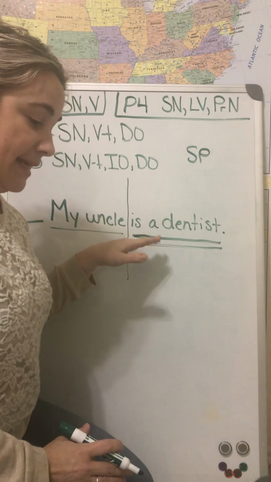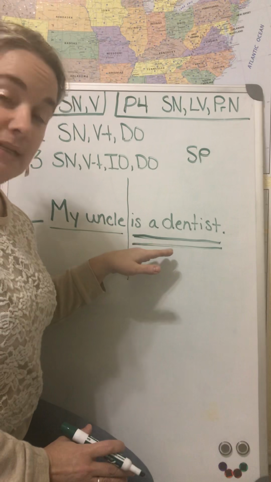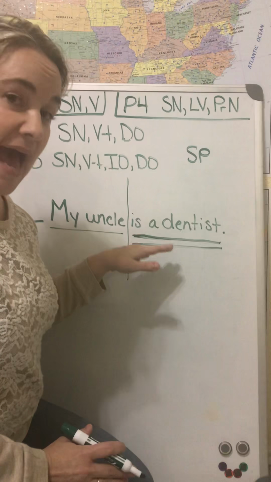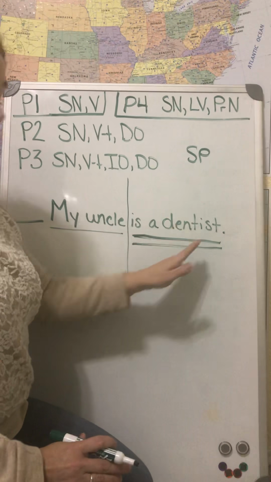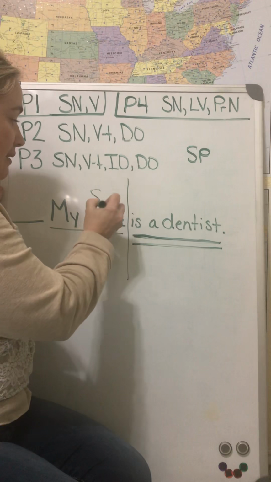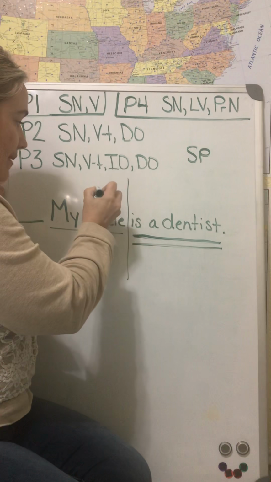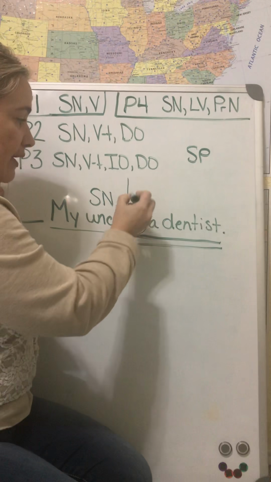Okay, so a predicate noun is a noun in the predicate that means the same thing as your subject noun. So if we look at this sentence, my uncle is a dentist, we know the whole sentence is about uncle, so he is our subject noun, okay? And we know that our only verb option here is "is."